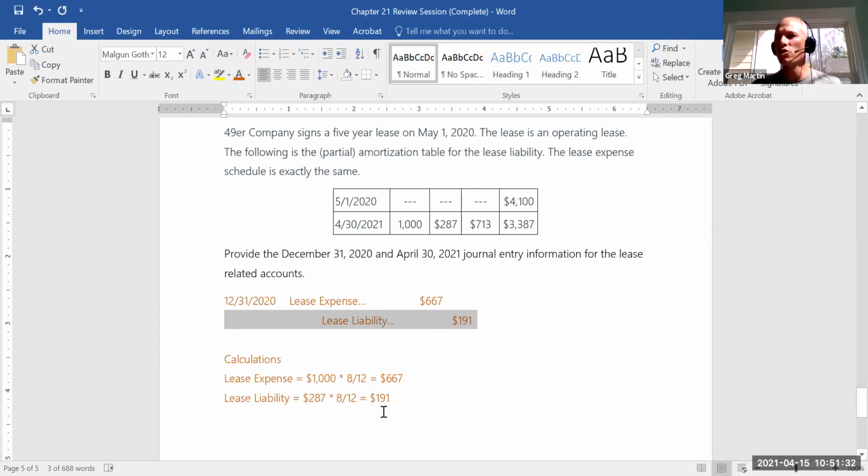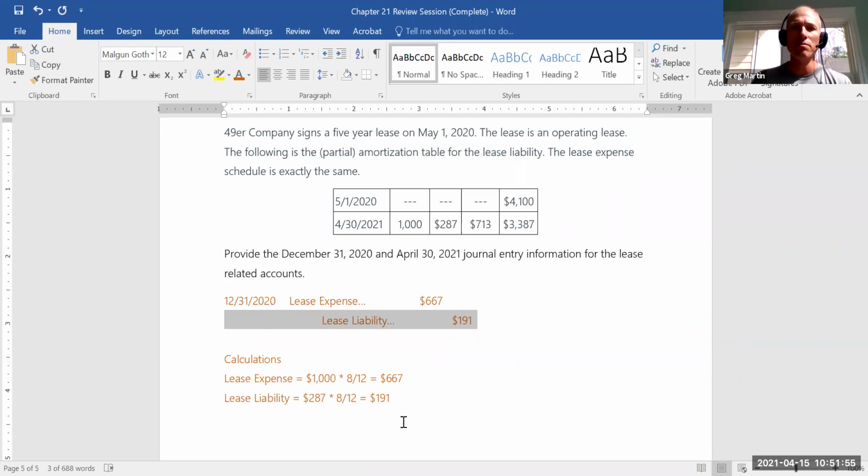For most of you, there's one person that got it wrong, but it is a credit to the lease liability account. Again, we're accruing interest to the liability. That's going to increase the liability balance. That's a credit. Now, obviously, we have a problem, right? Debits don't equal credits.